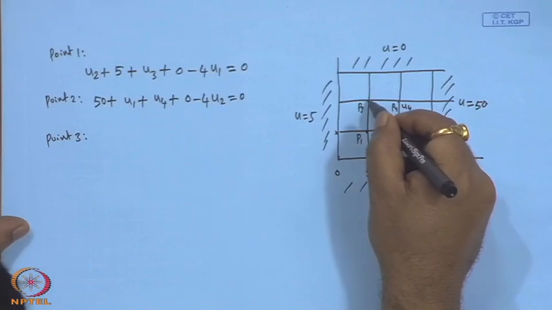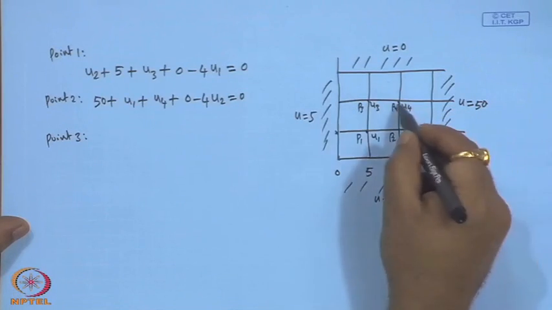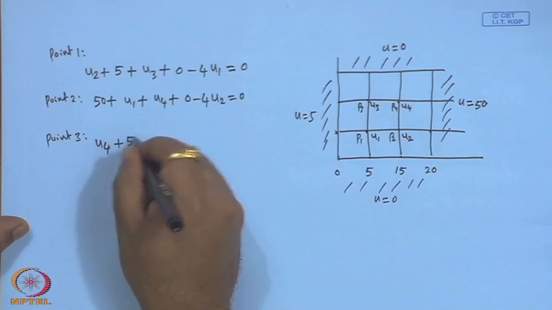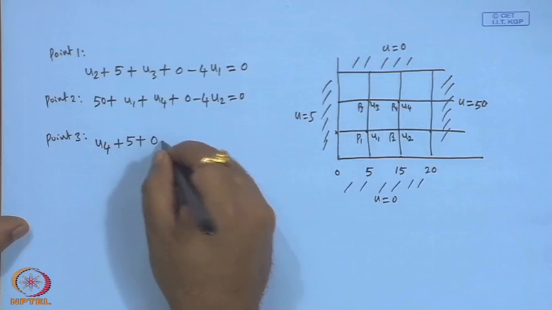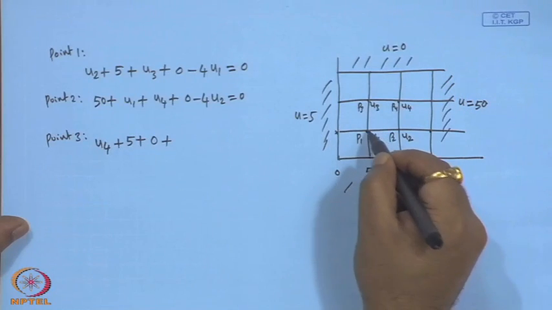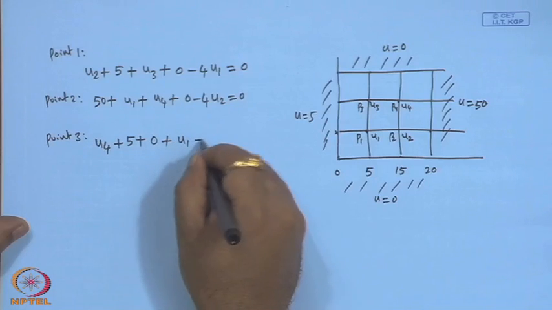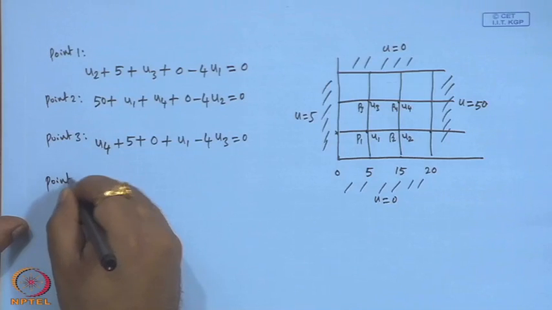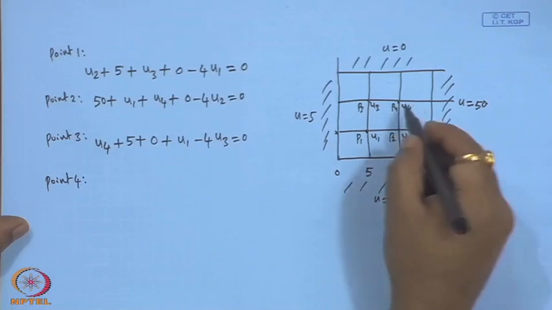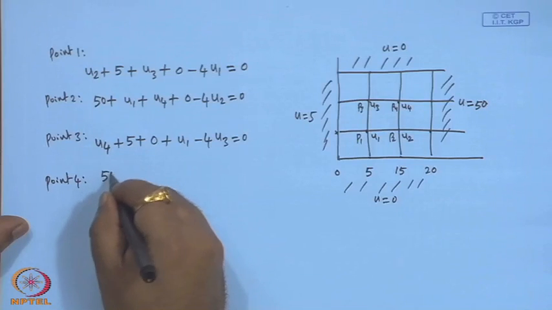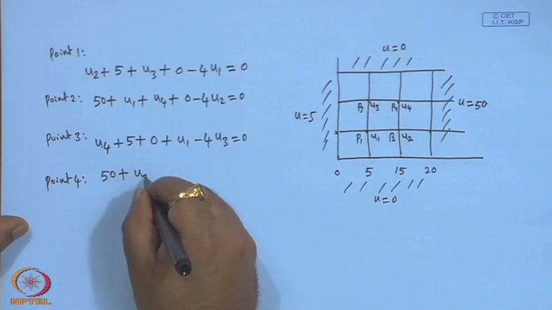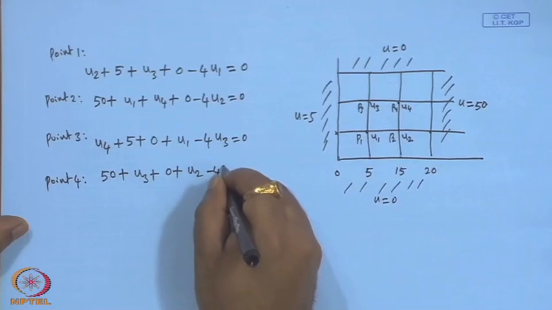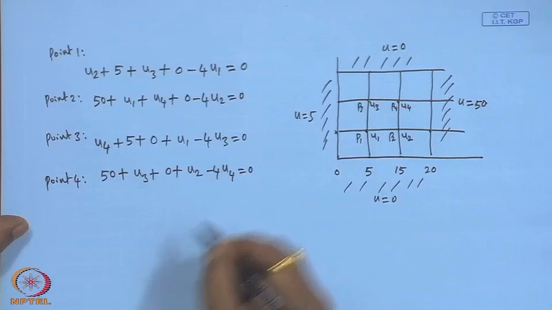Now, at point 3 it asks for this value plus this value. So, this is u 4 plus this value is 5, then the top value is 0, then u 1 minus 4 u 3. Similarly, point 4. So, this value is 50 and this is u 3, top value is 0 and bottom is u 2 minus 4 u 4 equal to 0.